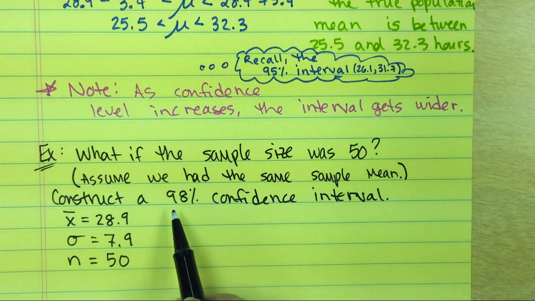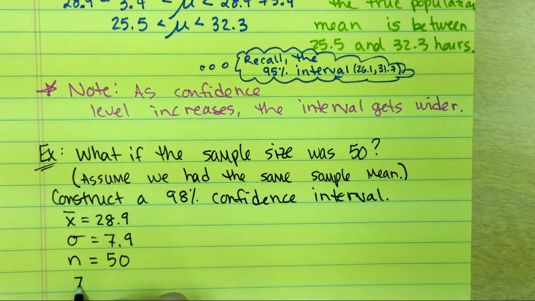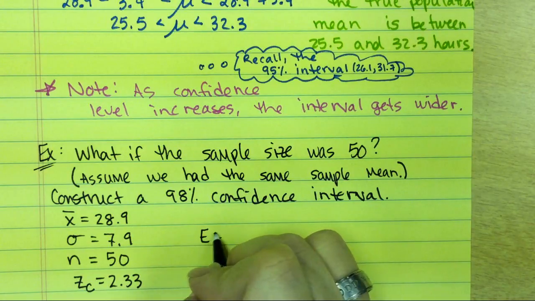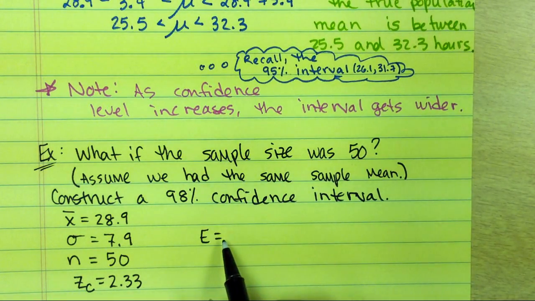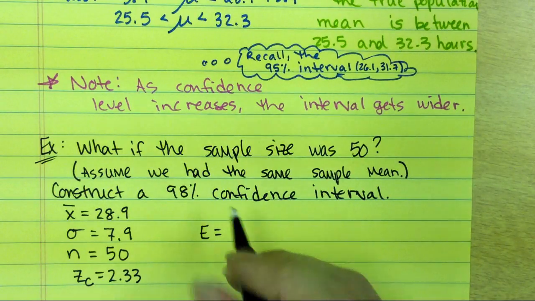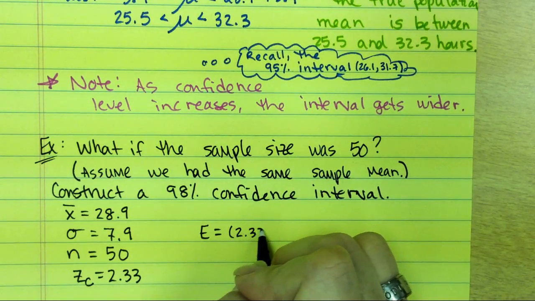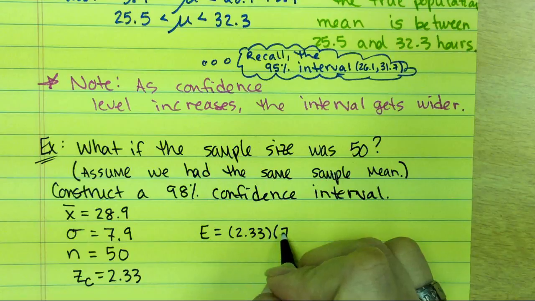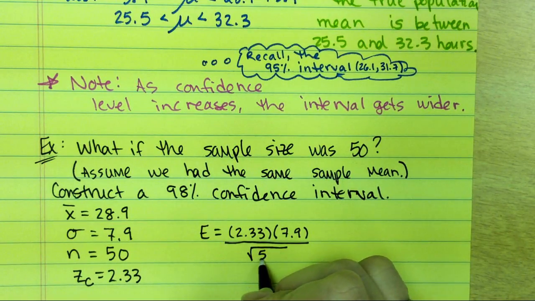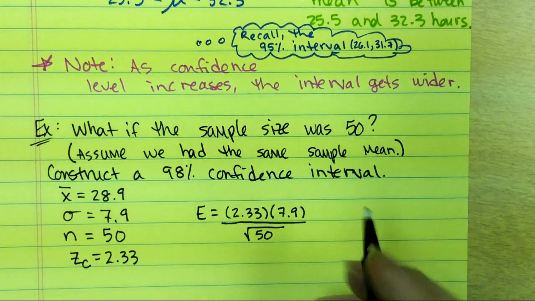Since we have the same 98% confidence interval, our critical value stays the same at 2.33. So let's figure out our margin of error, which is z sub c times sigma divided by square root of n. So 2.33 times sigma, 7.9, divided by square root of n, which was 50.